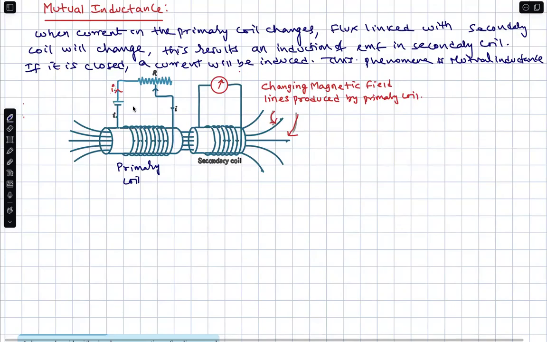For example, a current I1 is passing through the primary coil. Let there be N1 turns in the primary coil, and let there be N2 turns in the secondary coil.